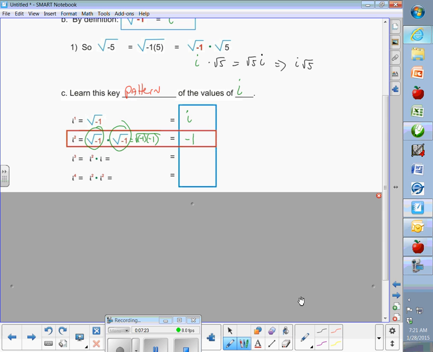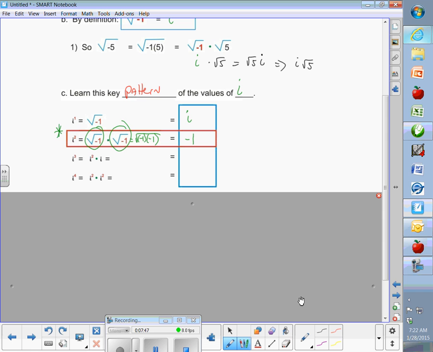So i squared is -1. Why is that boxed in red? This is really, really important. Anytime you end up with an i squared, you must know to convert it to a -1. And this will come up regularly throughout Chapter 8 and your use of imaginary numbers. So i squared is a -1.